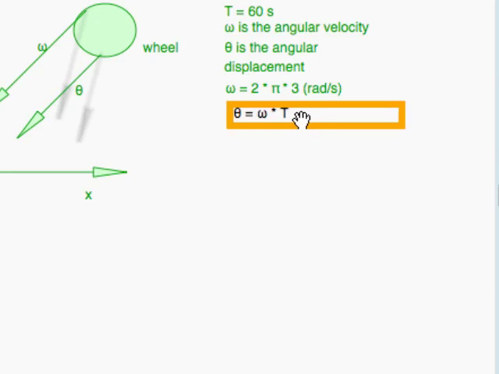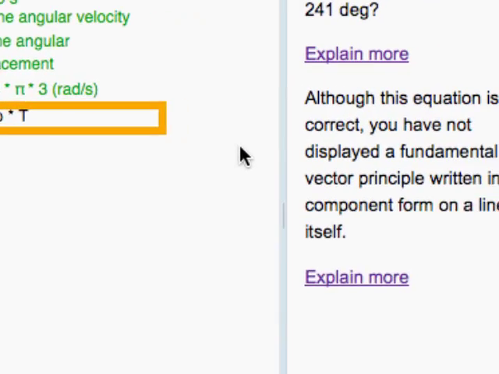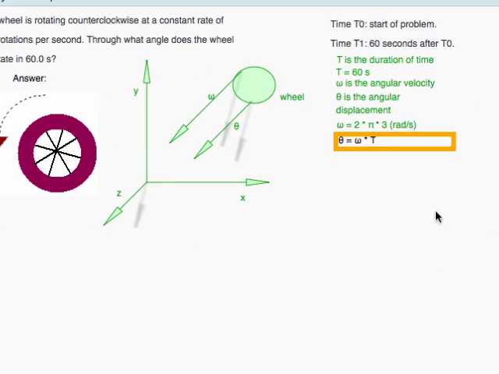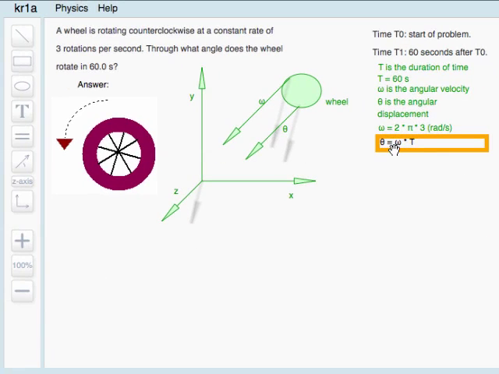Okay, so this hasn't turned green, and the reason is it says I've done it correctly, but I haven't displayed a fundamental vector principle. So the fundamental principle that I'm missing here is in the z-axis, you either have positive or negative values depending on whether it's coming out or going in. And if you remember the right-hand rule, counterclockwise are positive. In order to not make mistakes, it's asking us to go ahead and write that out explicitly.